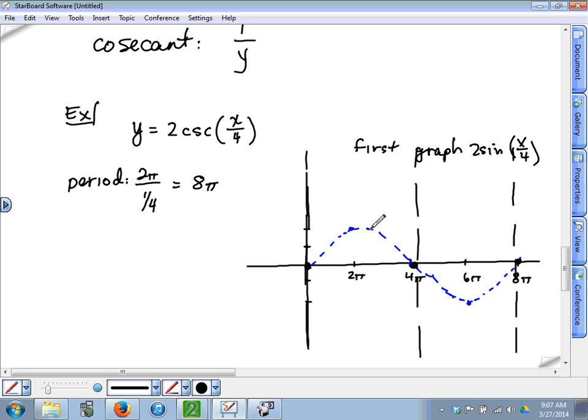With the sine function here, this is where it's at its highest point. You flip it up. This is that reciprocal relationship between sine and cosecant. Flip the fraction upside down, and then down here, flip it down.